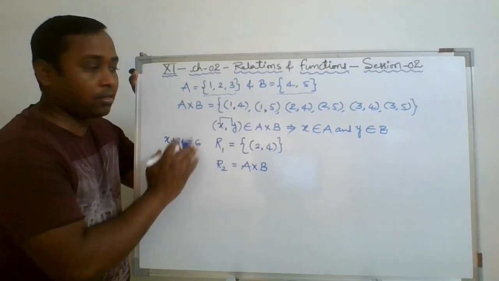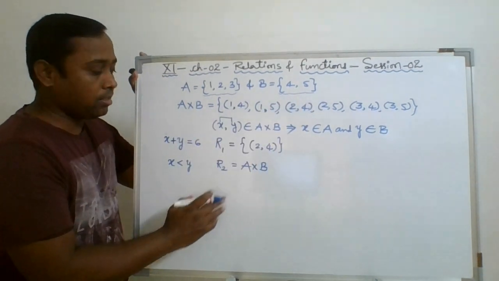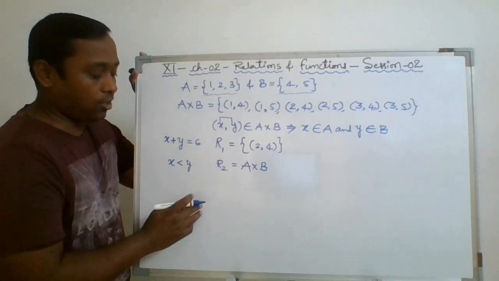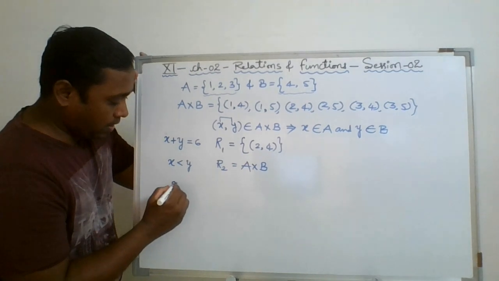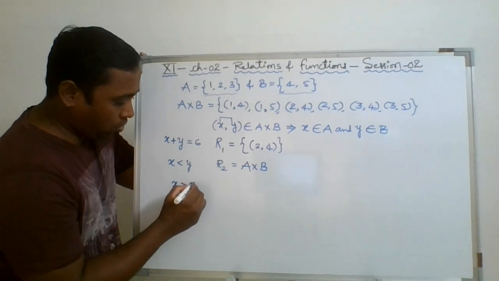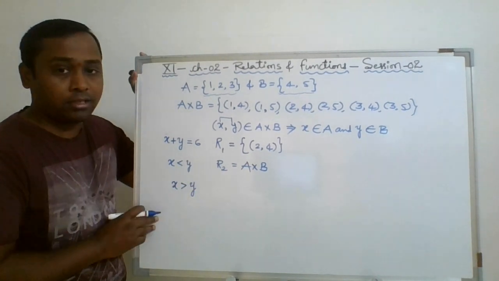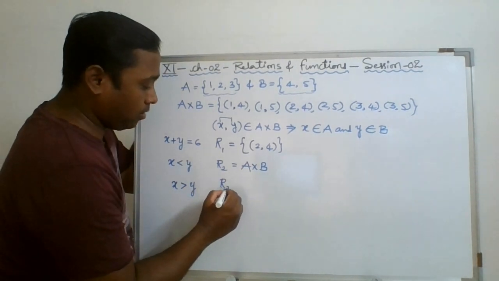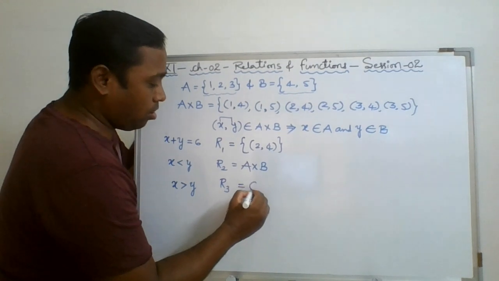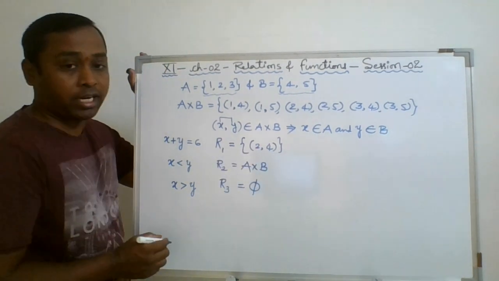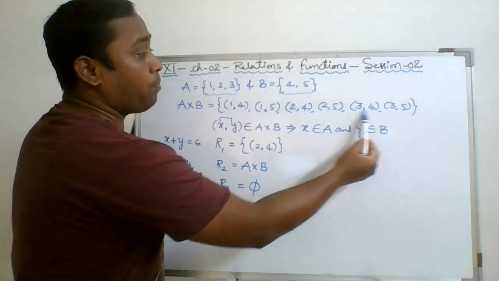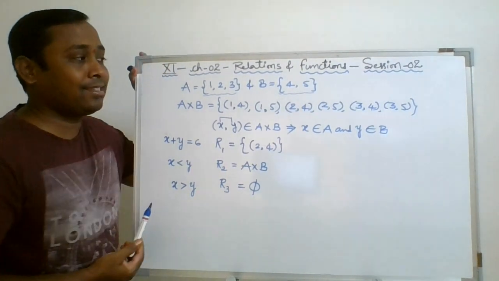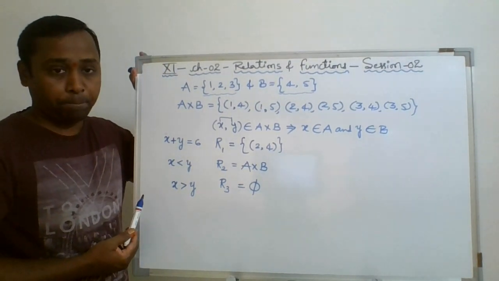In the second relation all the ordered pairs have come. That's why R2 is A cross B. Similarly, if I say find the ordered pairs which satisfy the third condition, x is greater than y, you will say, sir, in relation 3, none of the elements will be counted. In none of the ordered pairs do we find that x is greater than y.